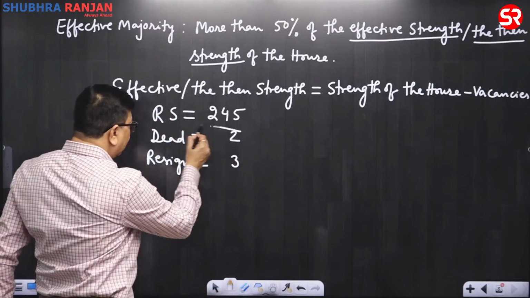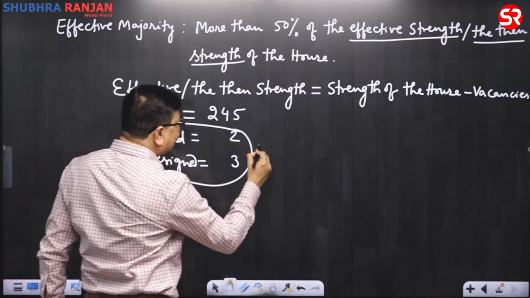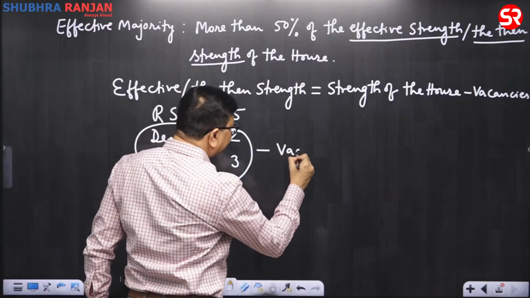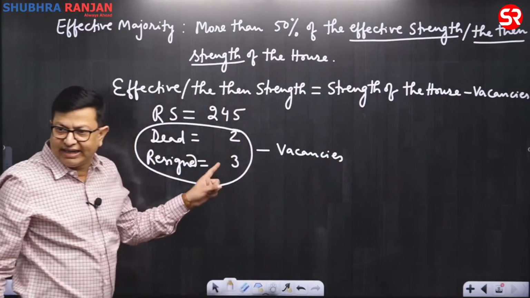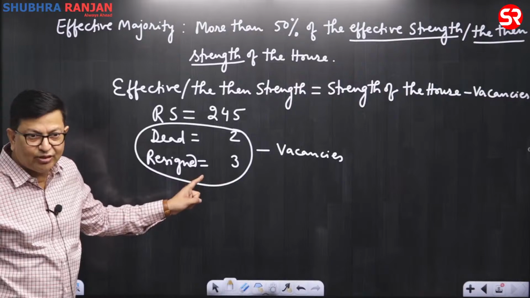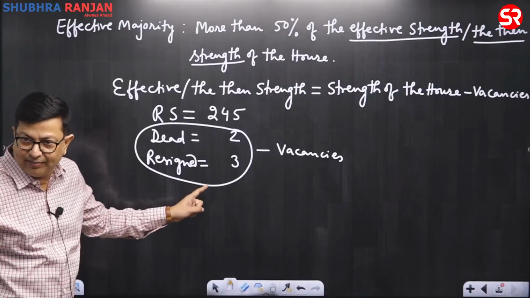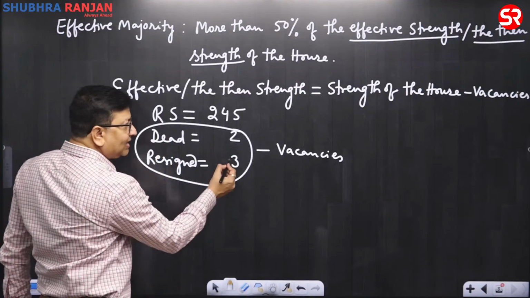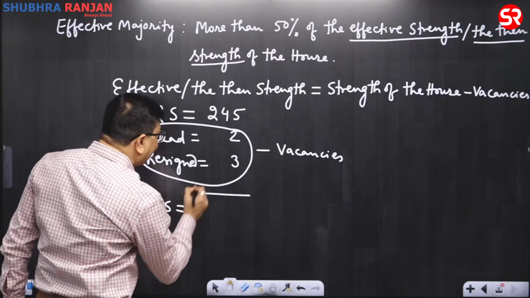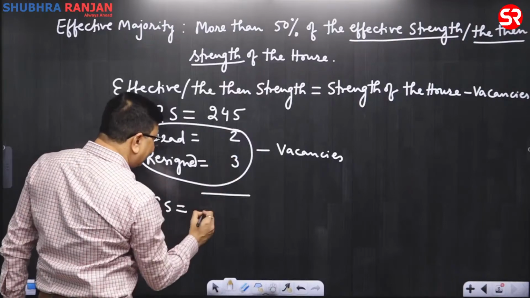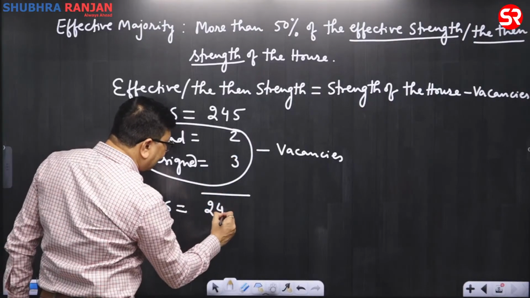So these seats are vacant seats. Elections, by-elections have not taken place. So 5 vacancies are there. Effective strength will be 245 minus 5. It will be 240.